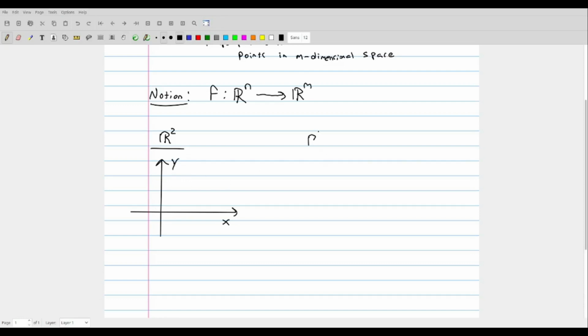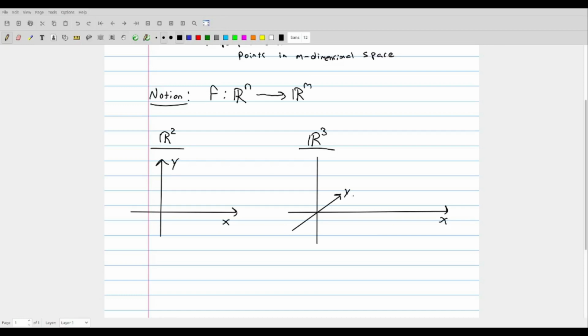So similarly, R^3 is three-dimensional space, because you have three separate copies of the real number line. One x-axis, typically we draw a y-axis like this.